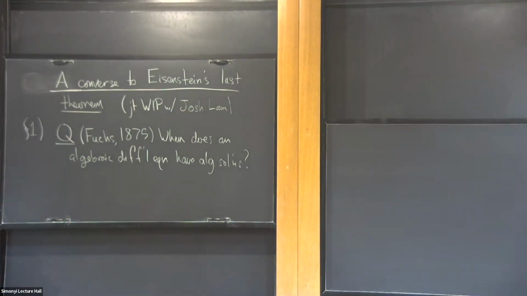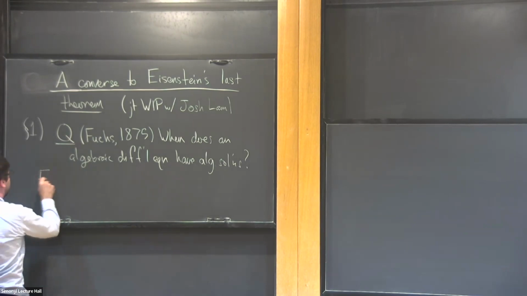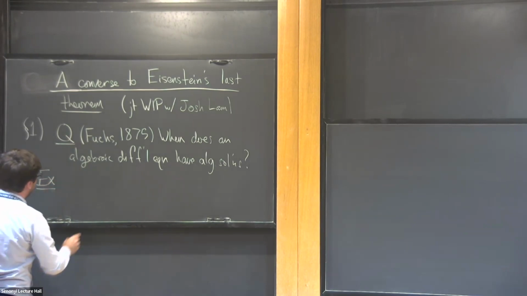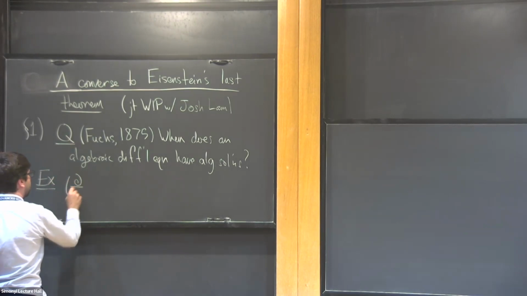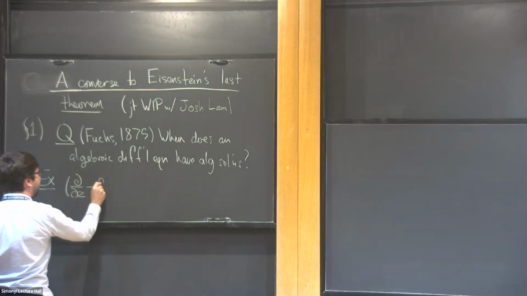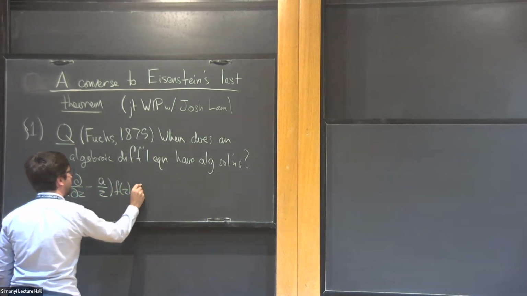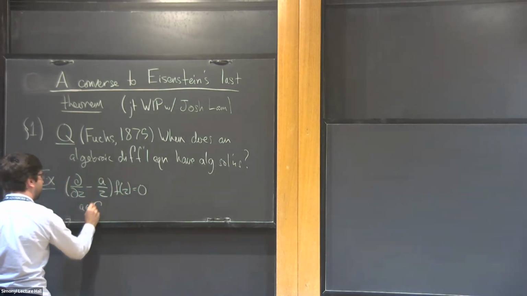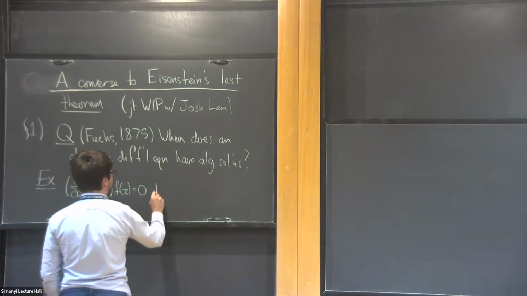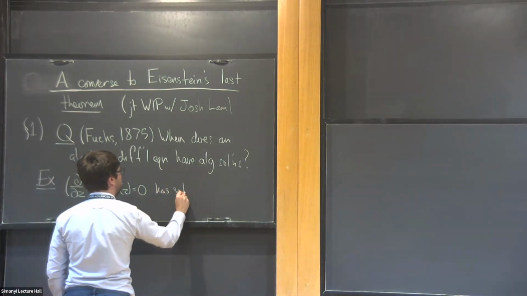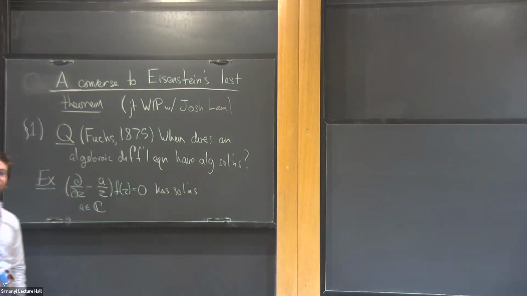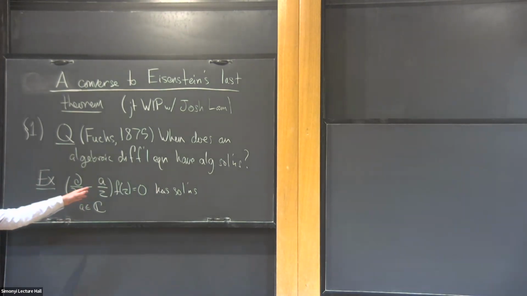Okay, so let me do an example to show you that this is a subtle question. This is maybe the first differential equation to write down: d/dz minus a over z, applied to f of z, equals 0, where a is some fixed complex number. What are the solutions to this differential equation?